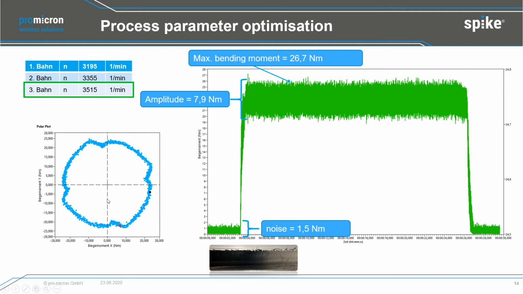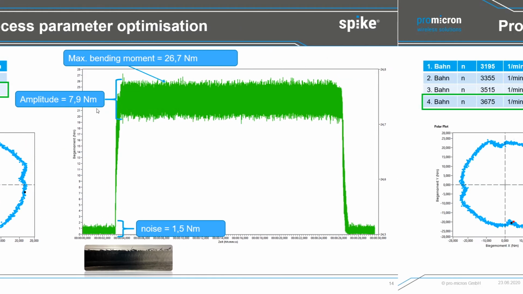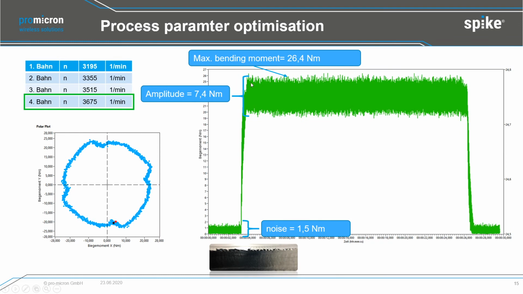So let's increase the spindle speed more and more. Now at 3,675, we got the data, and the surface quality is also still good.